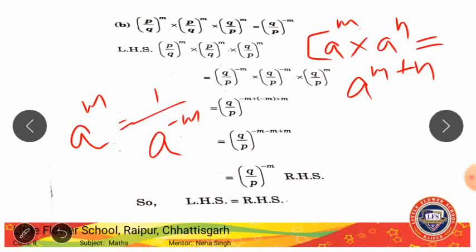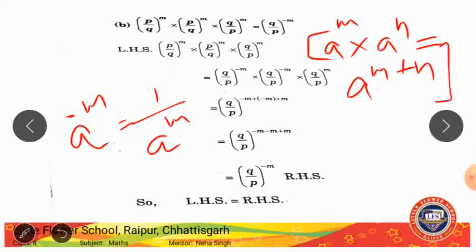Means when they are reciprocal, the power will become negative. Or if the power is negative, the reciprocal will have a positive power, and vice versa. So here it is (p/q)^m, so it will be (q/p)^-m. In the reciprocal, the denominator changes into the numerator, and the numerator changes into the denominator. So here it is minus m. Again here minus m and m.